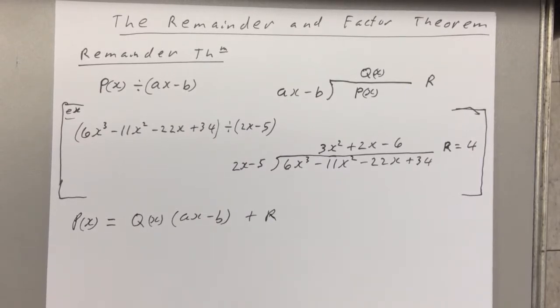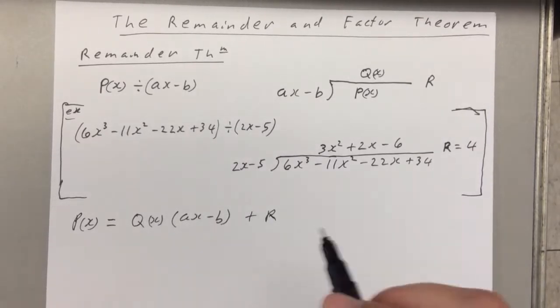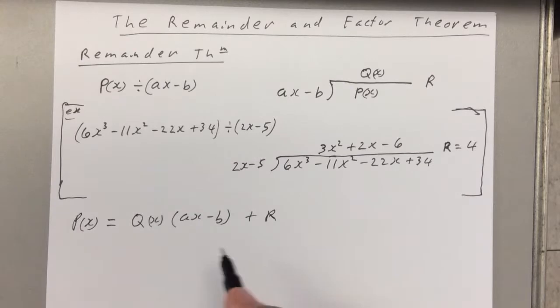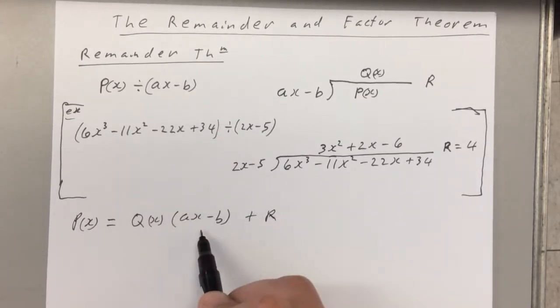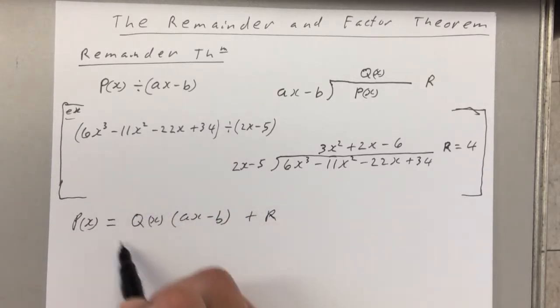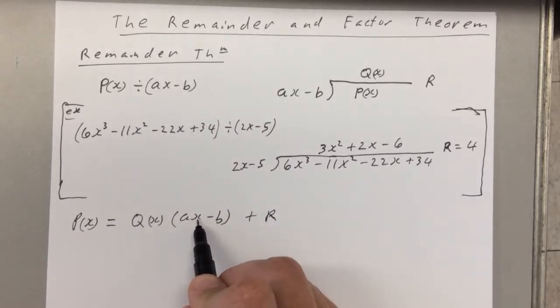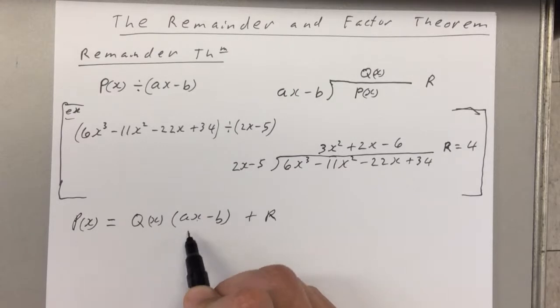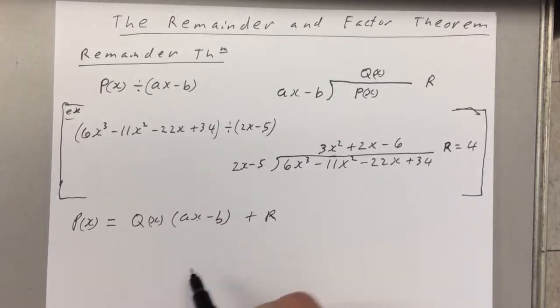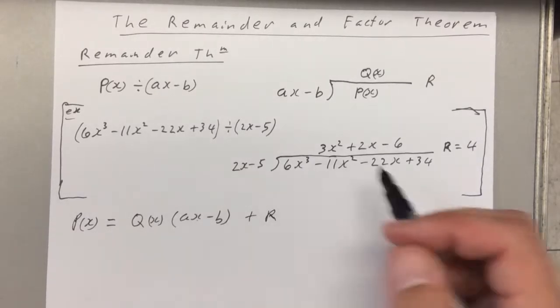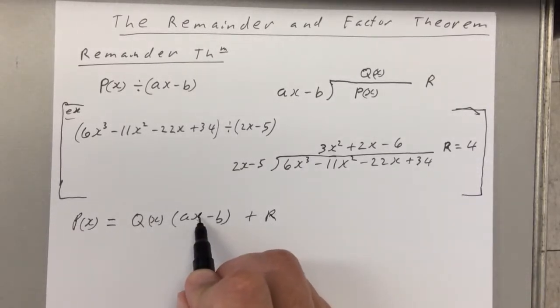Now, if I want to find out what the remainder is, well, let's try something here. If we look at this part here, this whole part is going to be 0 if I put in x equal to b over a, because this part will be 0, and 0 times anything is 0, and we're left with the remainder. So this is kind of a neat trick to look at this generally.